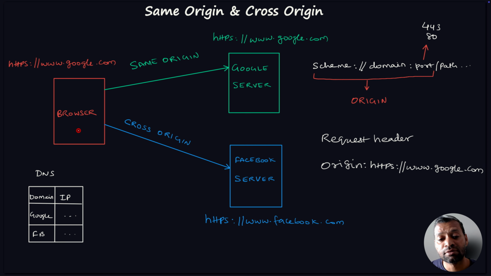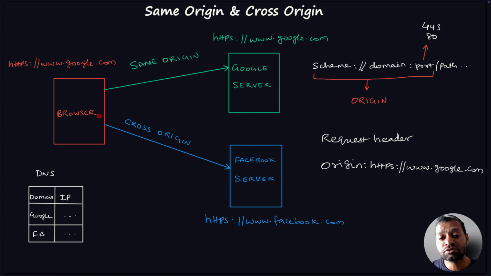Now, if we go back to the browser, we said that there will be many requests that will be made behind the scene, right? So now the page that we are displaying on the web browser is Google's web page. So the origin of the current page that is displayed on the browser is https www.google.com. So that is the origin of the page that is currently being displayed.